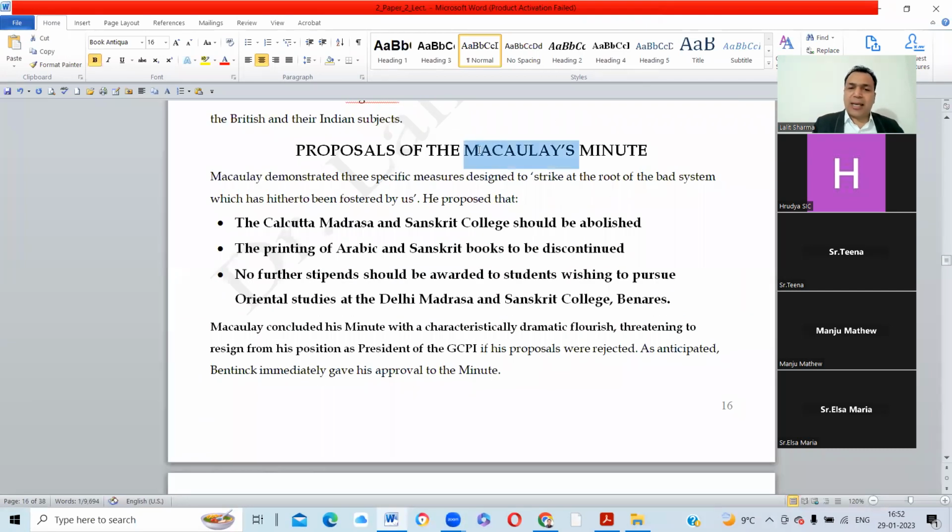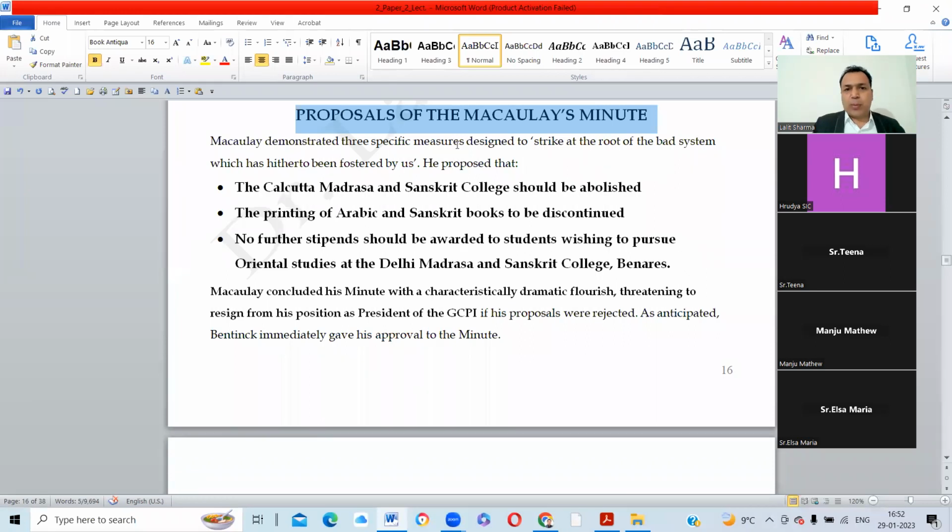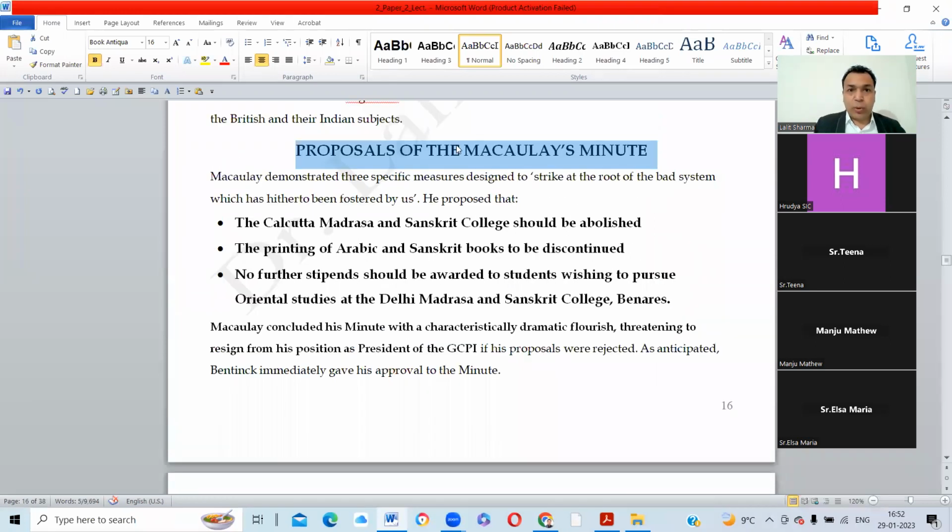So what was the proposal? Again, you have to write about the proposal of the Macaulay Minute. Let's see. You can see, guys, how the British have abolished our colleges, our history, our philosophy. What was the proposal? Number one, the Calcutta Madrasa and Sanskrit College should be abolished.